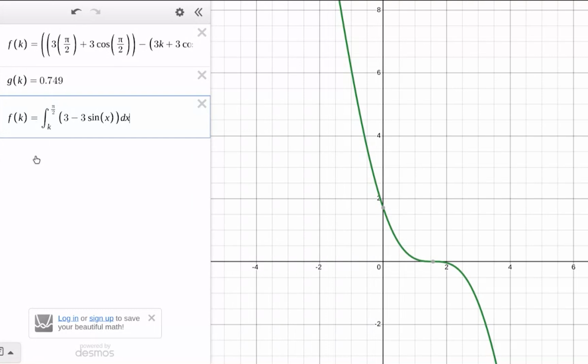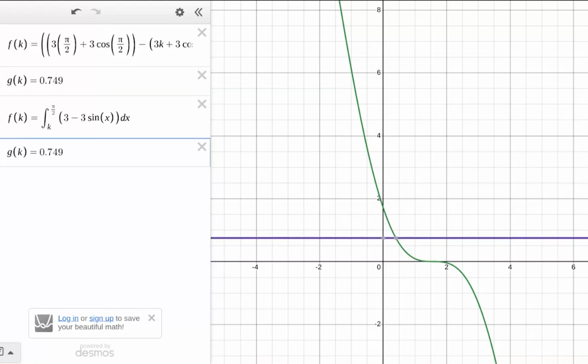Okay. Oh, this is going to work, isn't it? Oh, I love it. And then g, we already know what g is going to be: 0. That is awesome.